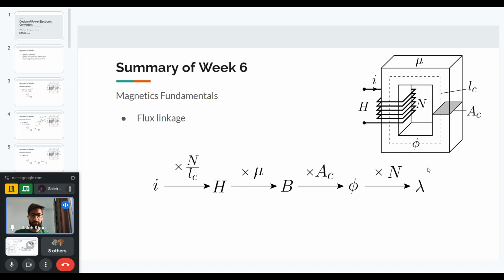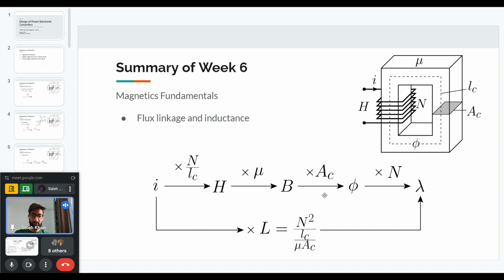But now the flux linkage can be directly related to the current. If you see all these factors, I times n by Lc times mu times Ac times n, we can find the magnetic flux linkage from the current. And this multiplication factor is called the inductance of the particular arrangement of the core and the windings.